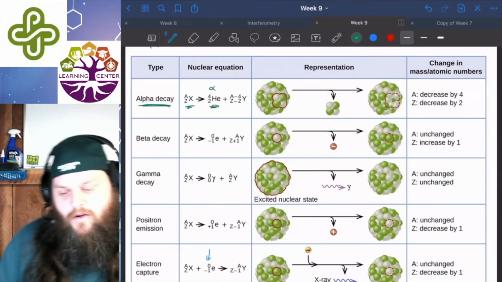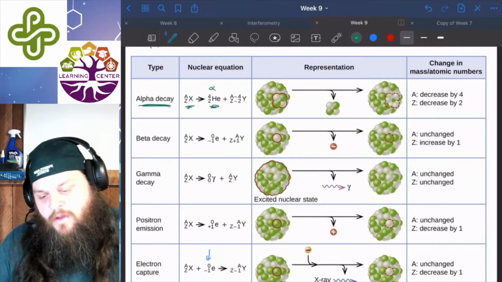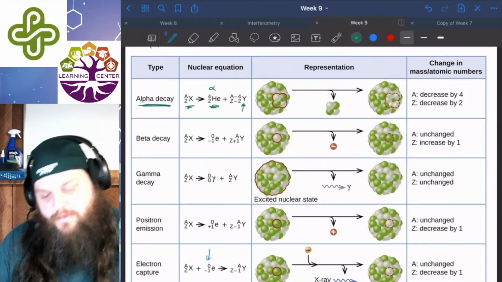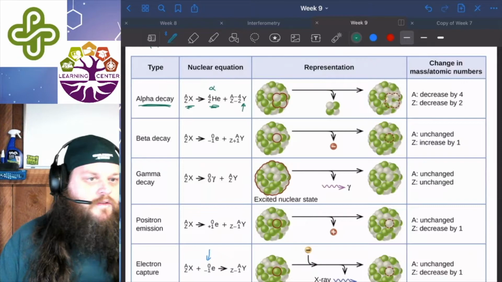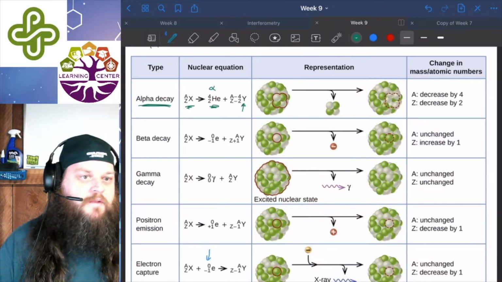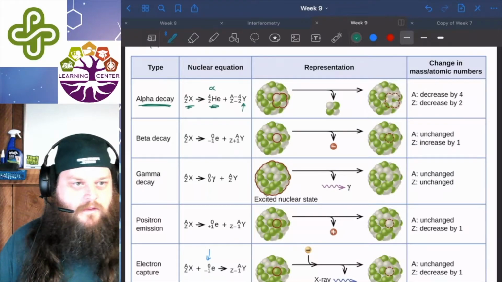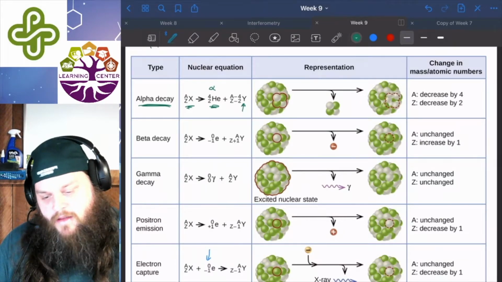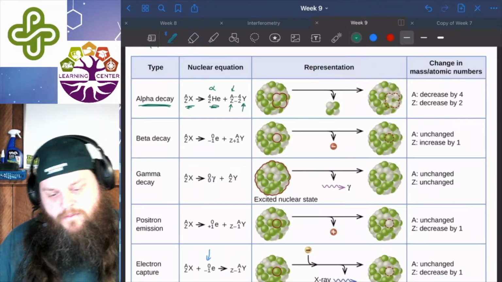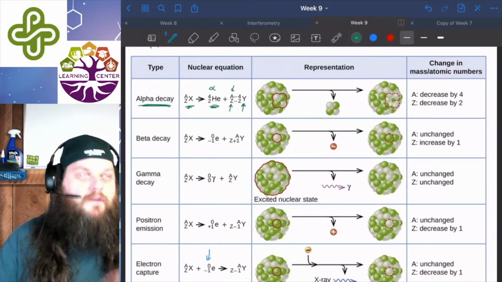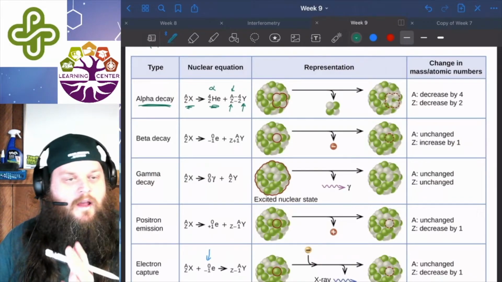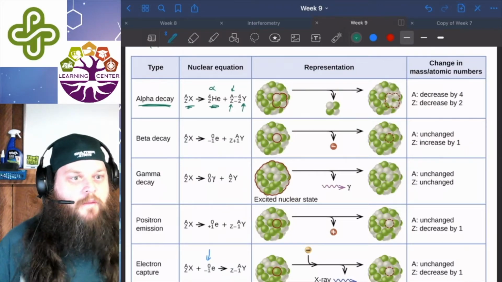Notice that when it releases, the element that's actually produced has 2 less protons and 2 less neutrons. So we reduce the A value, that top number, by 4 and the Z value by 2. So whatever element we started out with, we can go 2 elements down on the periodic table to find out what our product is.